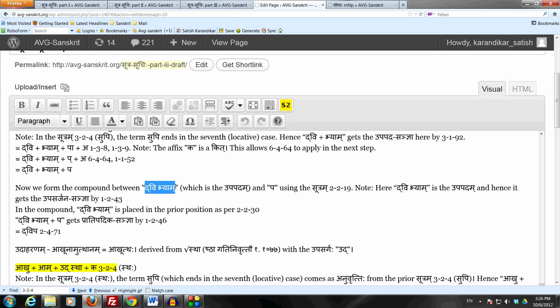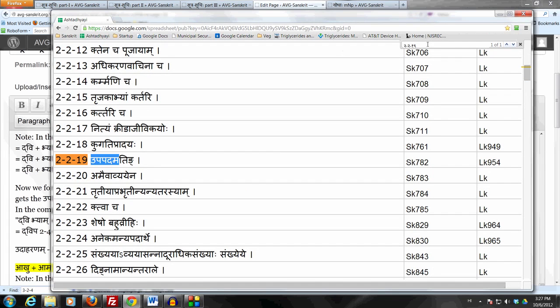So in our case right now, the upapadam is dvibhyam, and hence that gets the upasarjana sanya by 1 to 43, prathama nirdishtam samasa upasarjanam. And then by the sutram 2 to 30, upasarjanam purvam, dvibhyam is placed as the prior member in the compound, so we get dvibhyam pa.